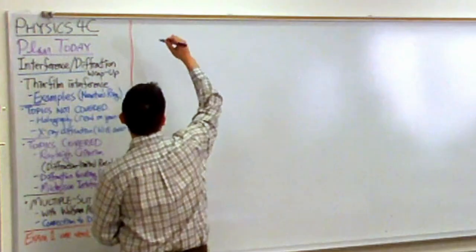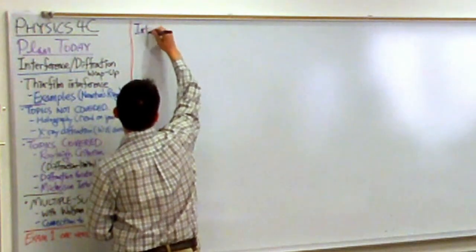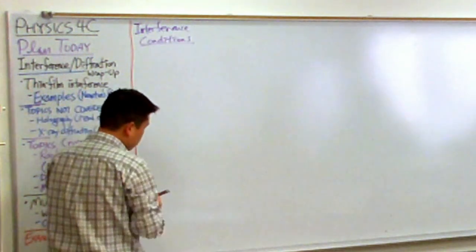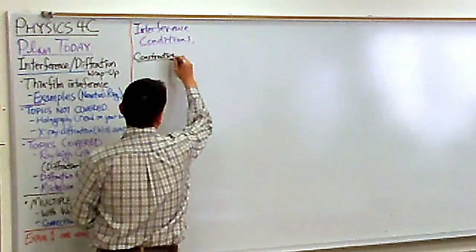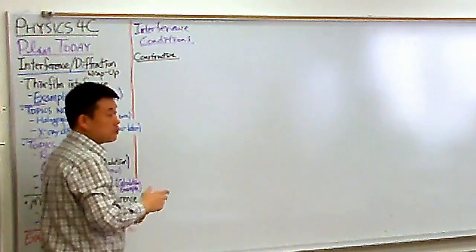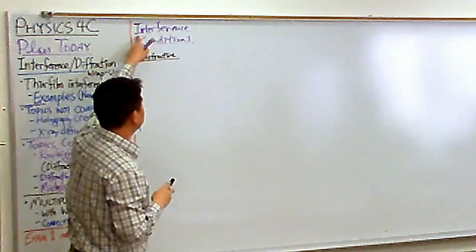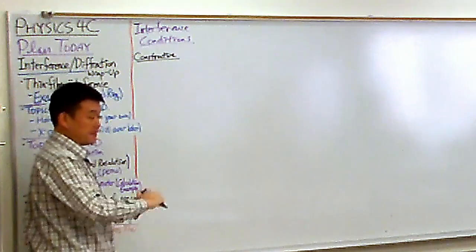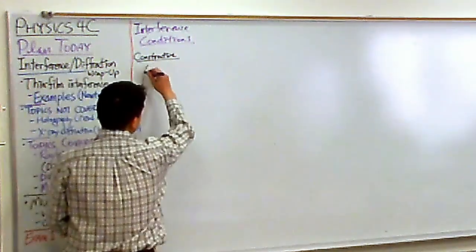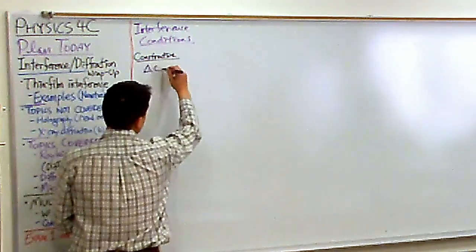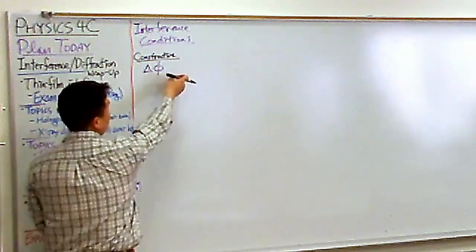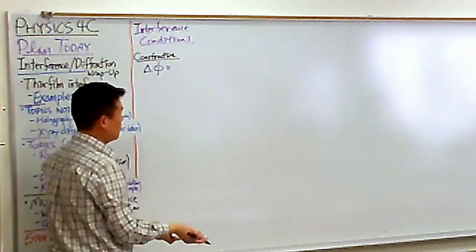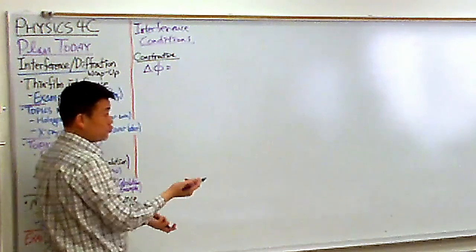So for interference conditions, for constructive interference, whenever you are looking at interference, you are looking at phase difference. That's why it's important that two light sources are coherent. So you are looking at phase difference for constructive interference of integer multiples of 2 pi.